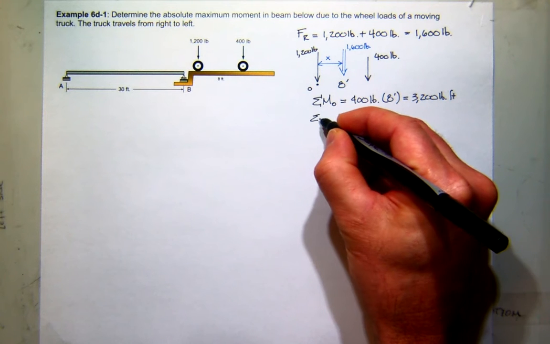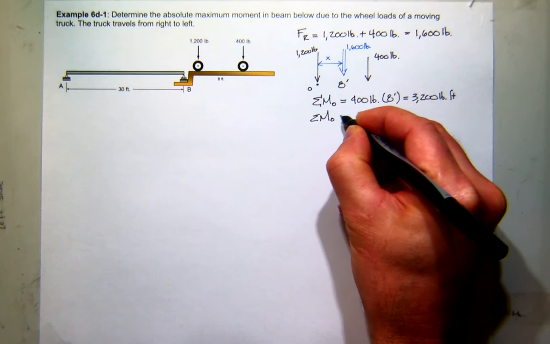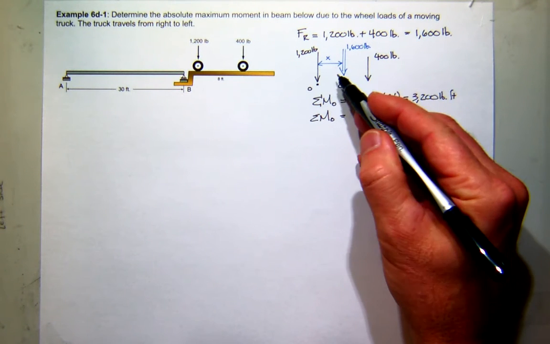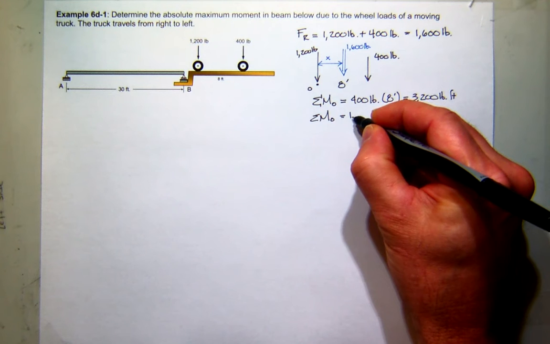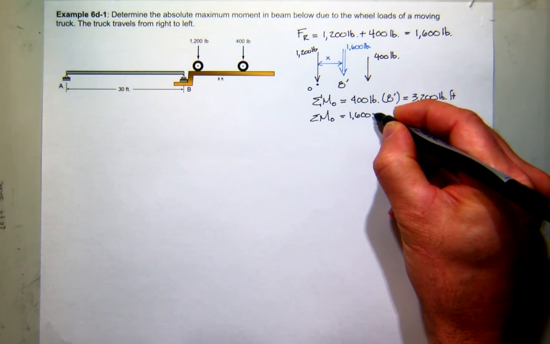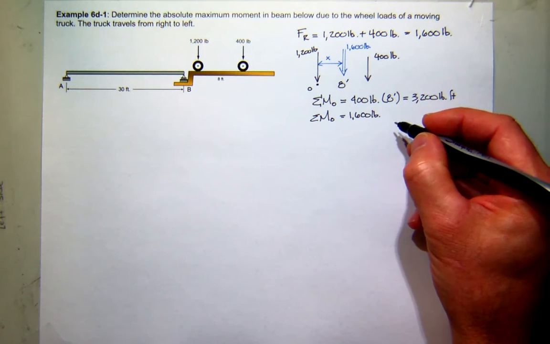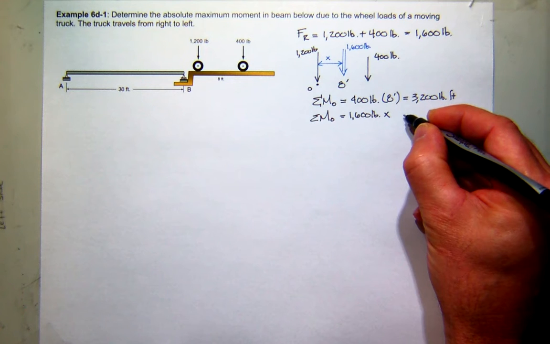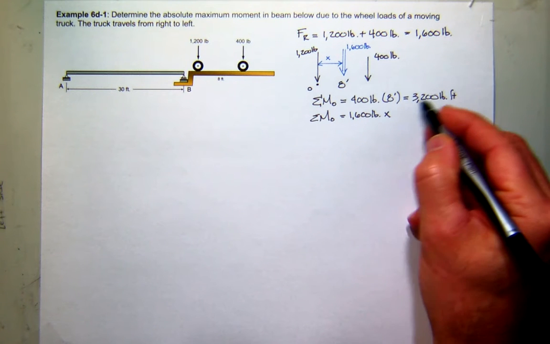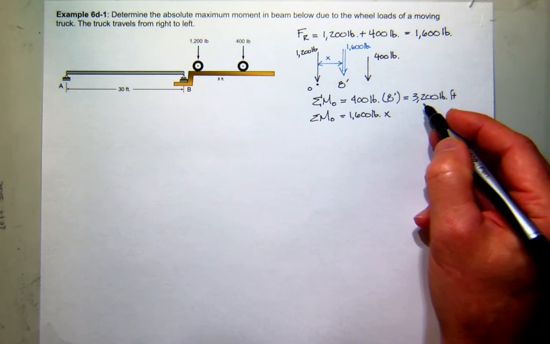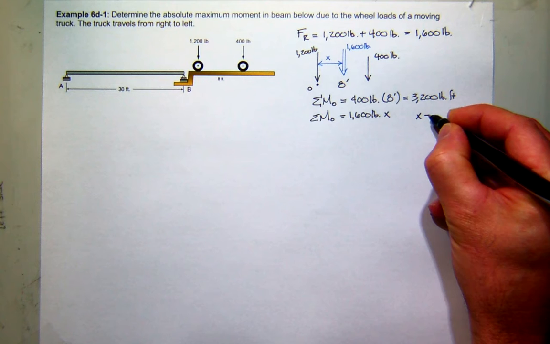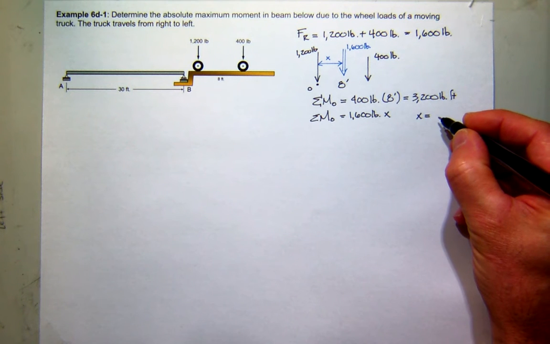Also, if I sum moments about the same point, but this time I only consider the equivalent, what do I get? I get 1,600 pounds, and what's its moment arm? x. Well, these need to be equal. So set them equal. What's x going to be equal to then? 2 feet.